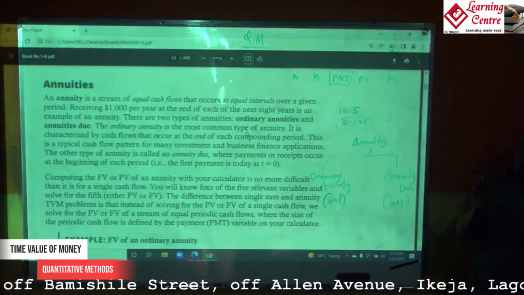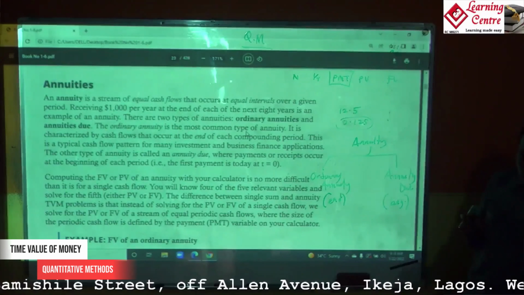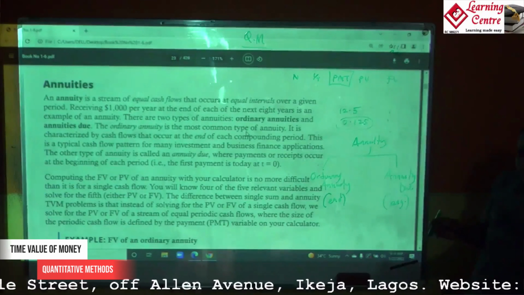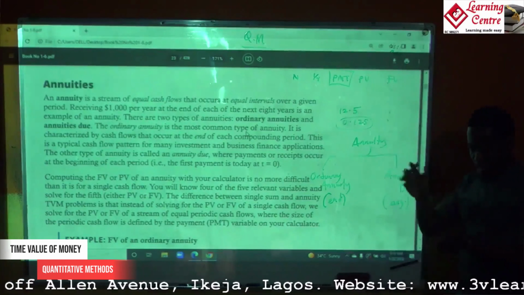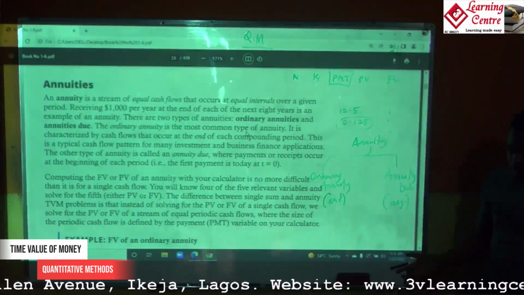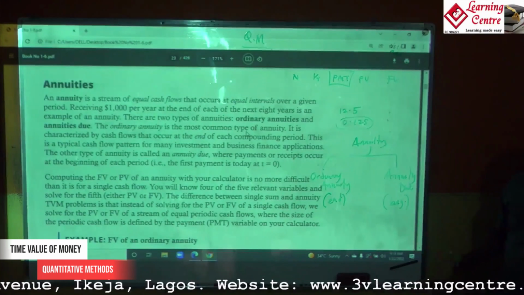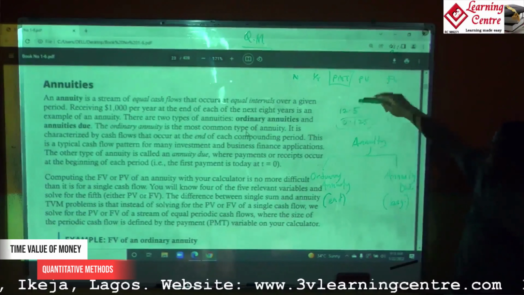And CFA is aware that a lot of people would make these mistakes. So the option for the incorrect answer, depending on the mode, will always be there. Do you understand? So please, let's make sure we check that out.